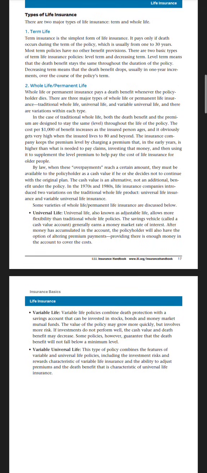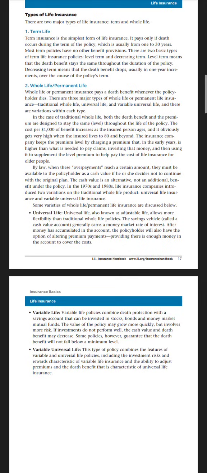The cost per $1 of benefit increases as the insured person ages, and it obviously gets very high when the insured lives to 80 and beyond. The insurance company keeps the premium level by charging a premium that in the early years is higher than is needed to pay claims, investing that money and then using it to supplement the level premium to help pay the cost of life insurance for older people.